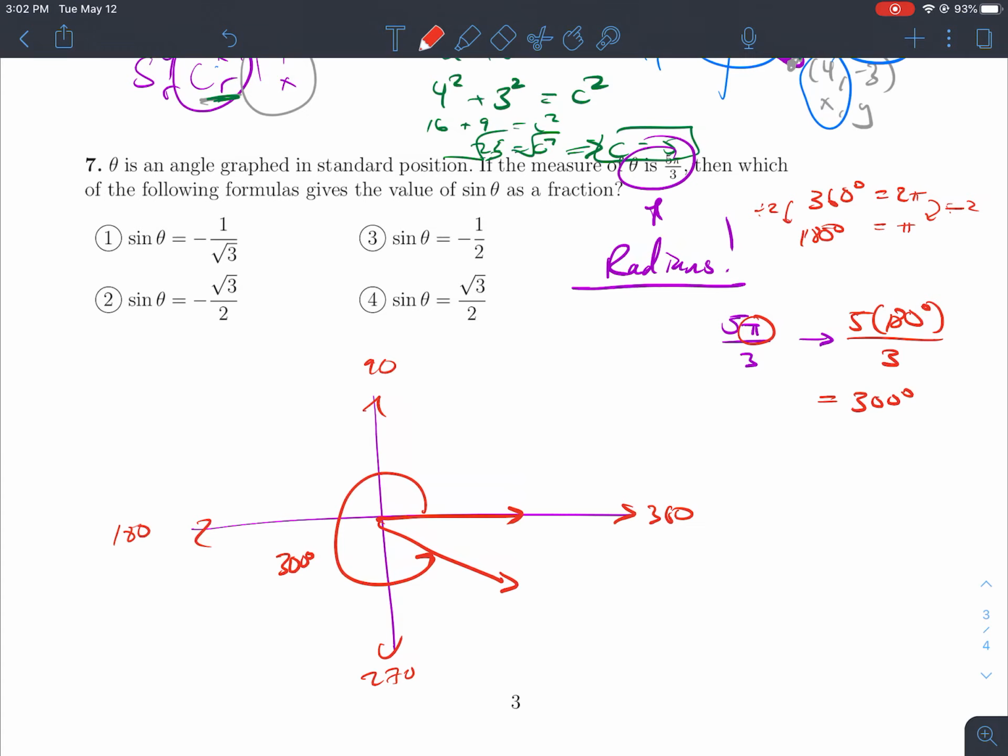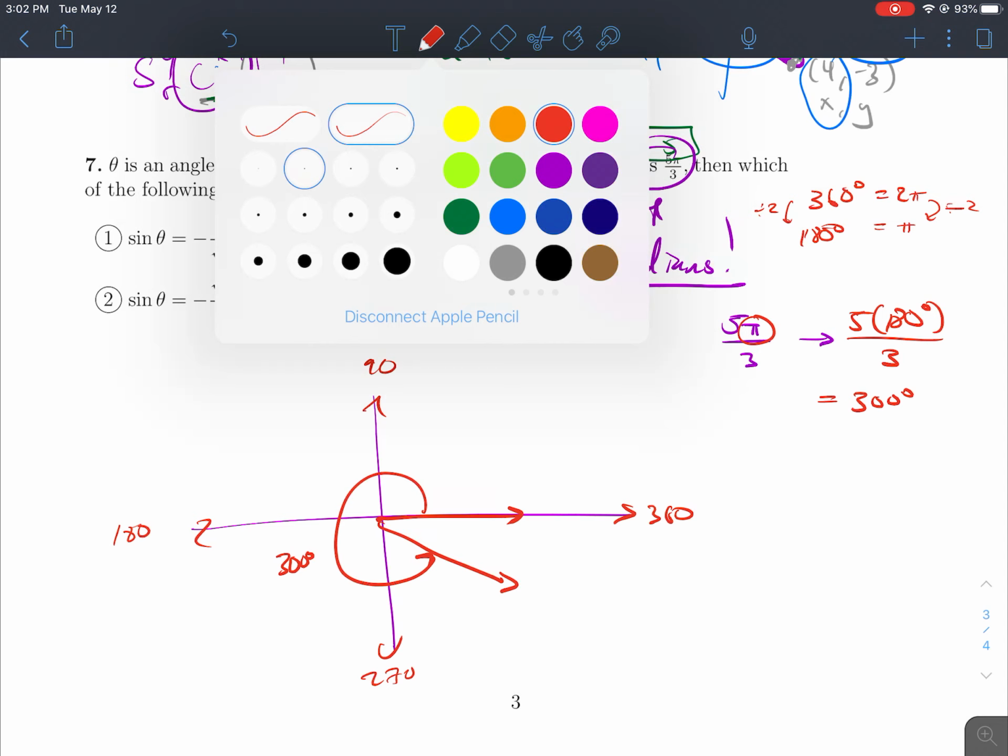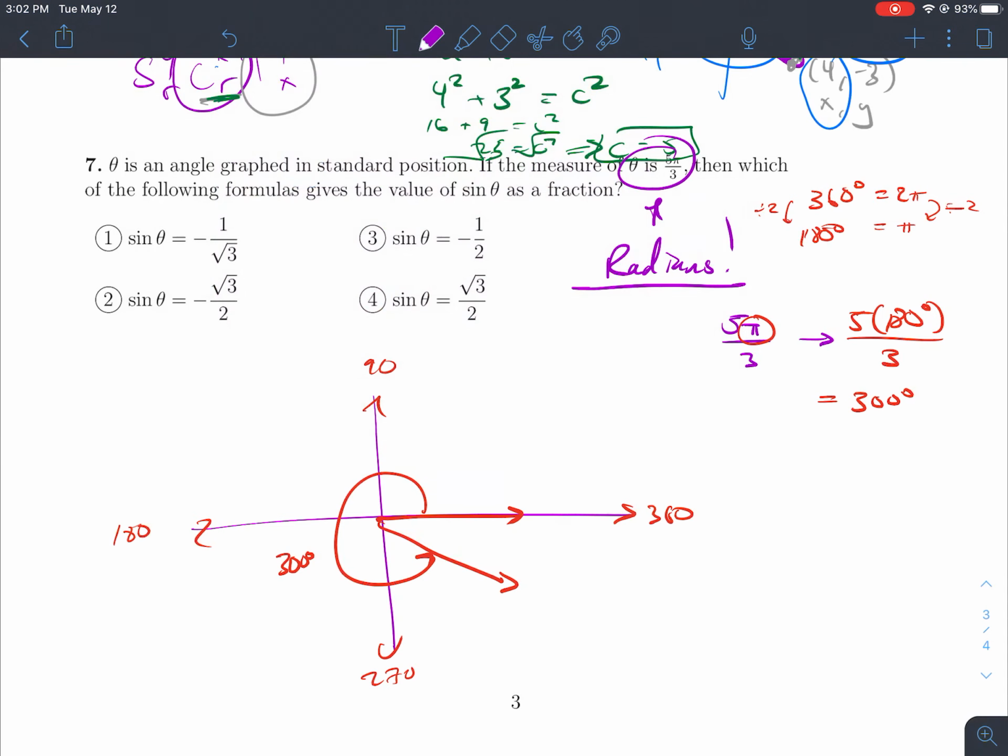All right, well, how do we find a 300 degree angle? How do we find the sine of that? Well, one thing we know is All Students Take Calculus, so only cosine should be positive. That means that sine is negative. This one's out.